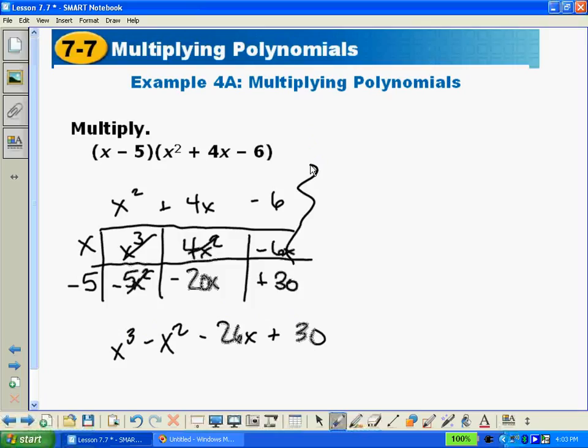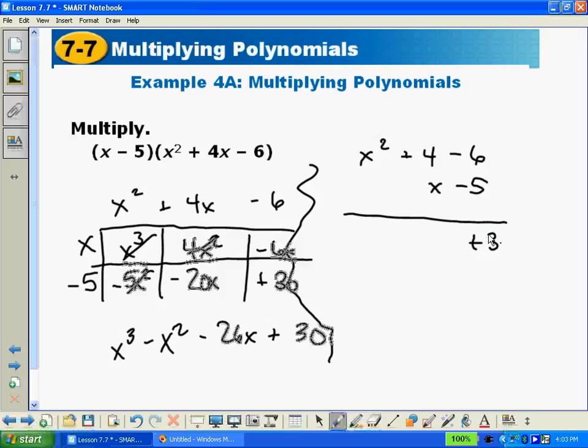So I'm going to write the polynomial with the most terms on the top, and then the other polynomial below it. And just like I was multiplying large numbers, I'm going to multiply negative 5 times all of these things. Negative 5 times negative 6 is positive 30. Negative 5 times 4x is negative 20x.